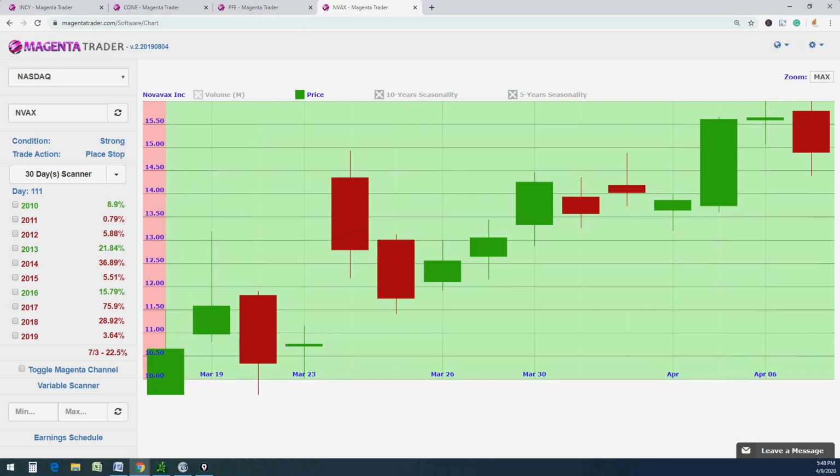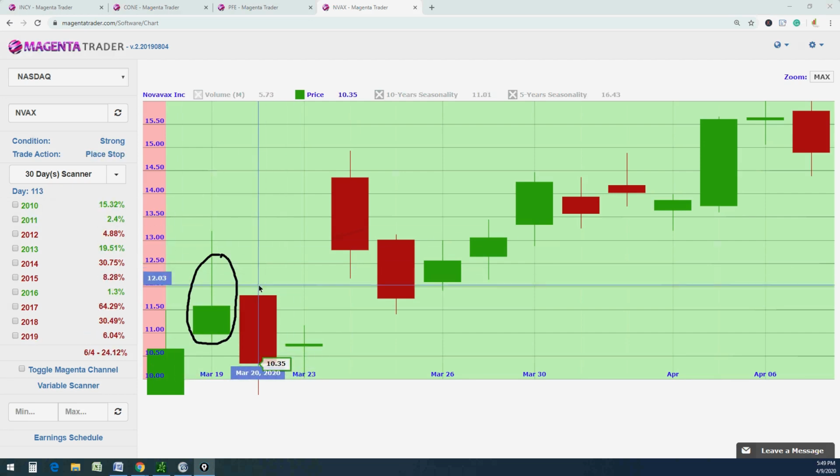Well, as early as March 19th, which was actually earlier than most of the others, this stock was already beginning to go higher. If we were looking at this using the technical analysis interpretation software from Magenta, we would have seen that it was a very strong buy. And what ended up happening was the very next day, we could see a big red candle.